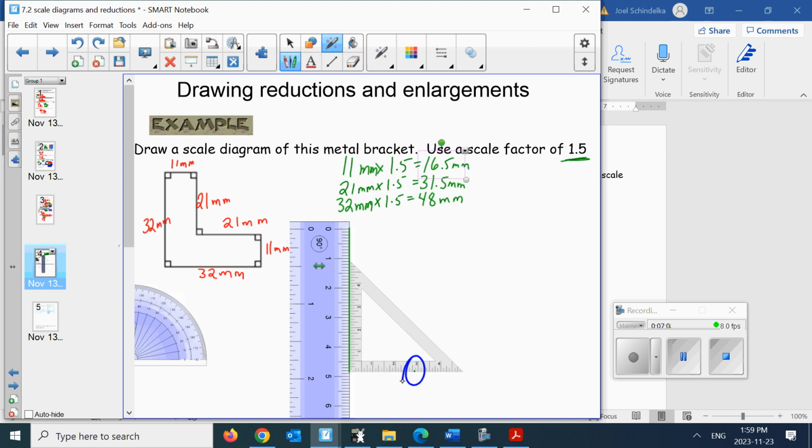Because then I'm going to measure another 48. 4.8 centimeters is the same as 48 millimeters, right? You draw that. Use the edge of the ruler to draw that. Then make a dot at the end of the line so that you know the next line will be on 90, right? Instead of using the protractor, you can do that.